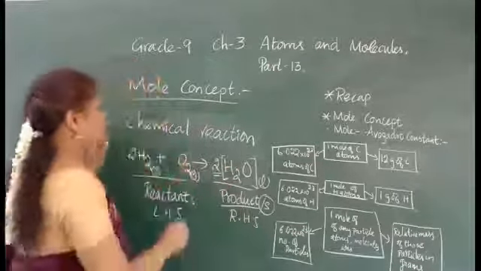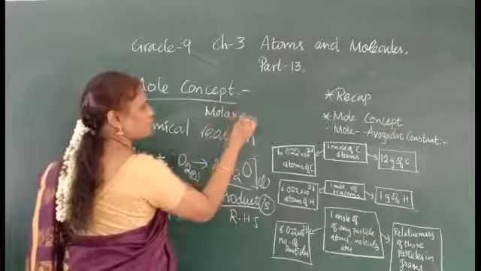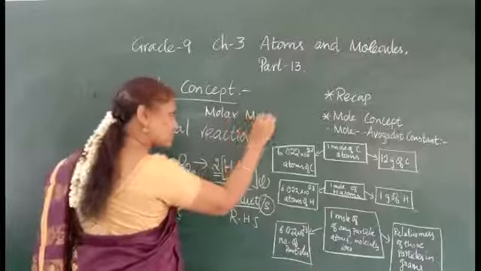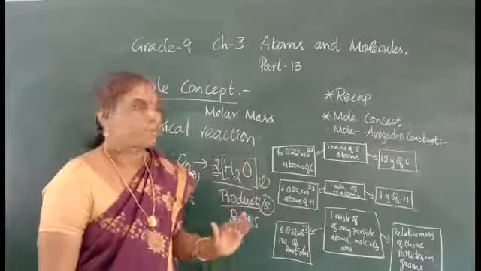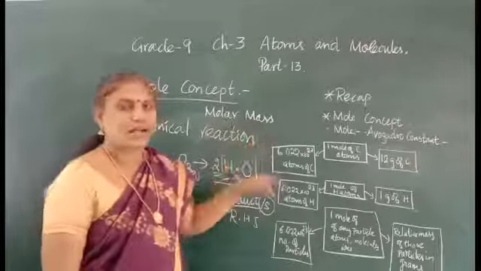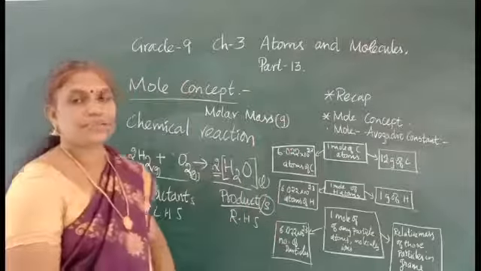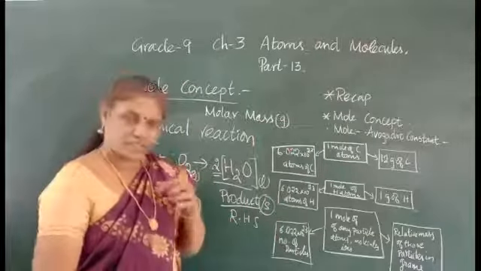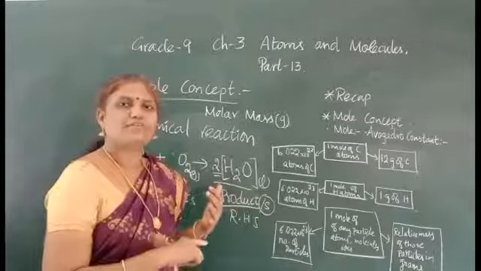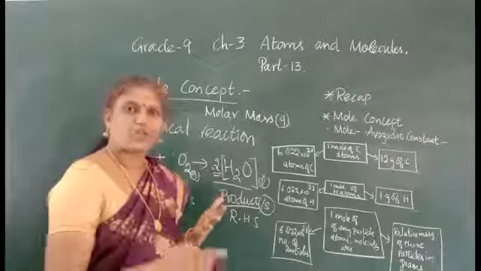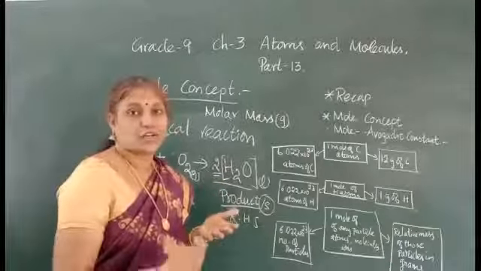Instead, in the mole concept, we use the term molar mass. What is that? Molar mass is nothing but molecular mass, found the same way, but we have to represent it in gram, g. It is the sum of atomic masses of all the atoms present in a molecule, that is molecular mass.